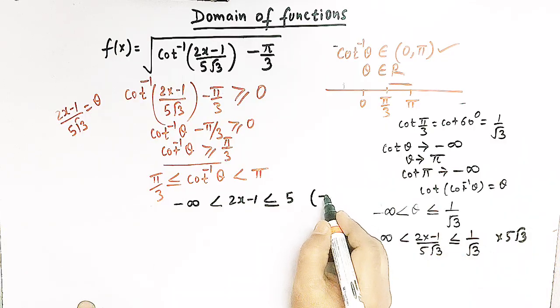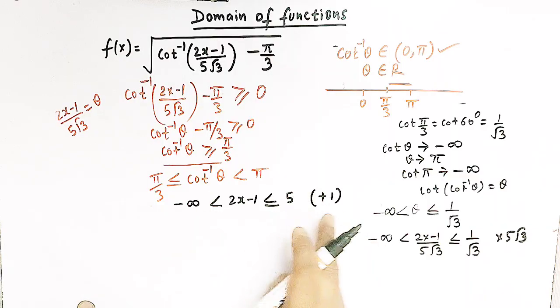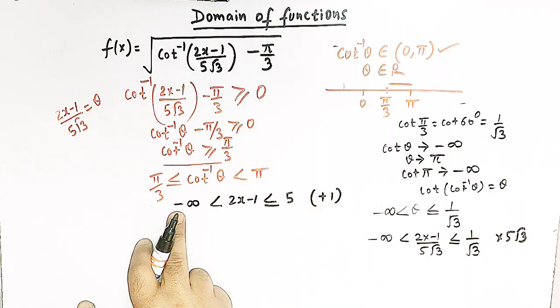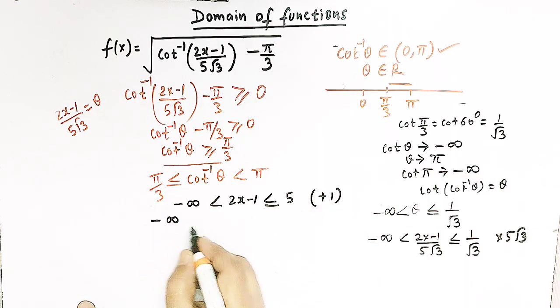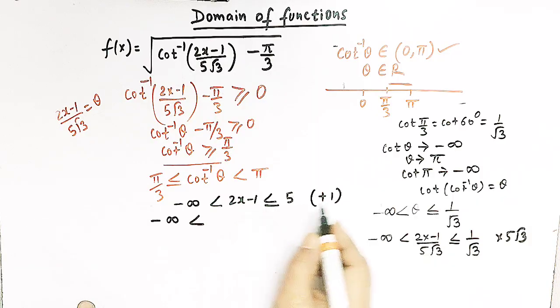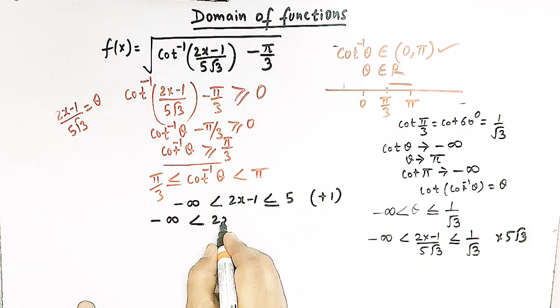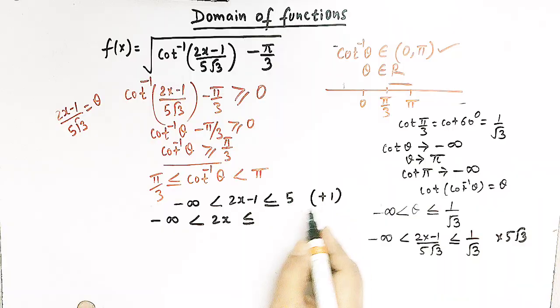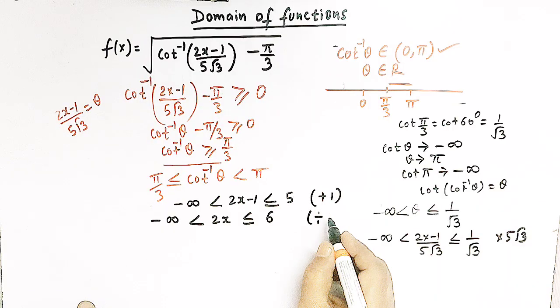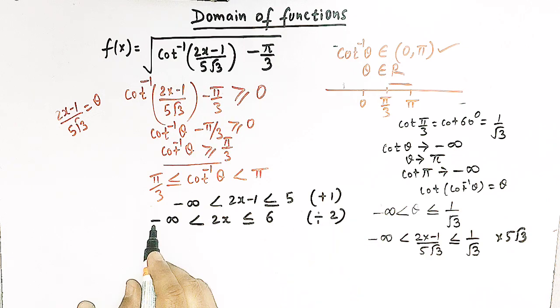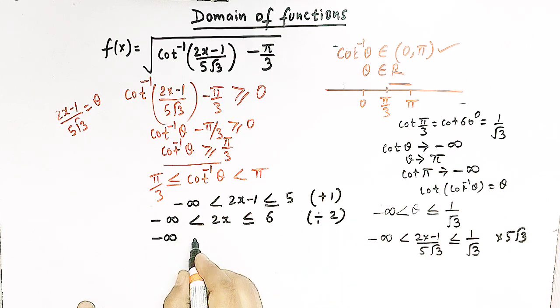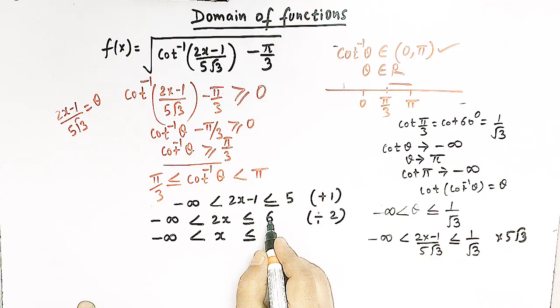Now let us add 1 throughout. Adding 1 to minus infinity gives minus infinity, here 1 and minus 1 get cancelled, and on the right we have 5 plus 1, which is 6. Now let us divide throughout by 2. Dividing minus infinity by 2 gives minus infinity, here 2 and 2 get cancelled, and we have 3.